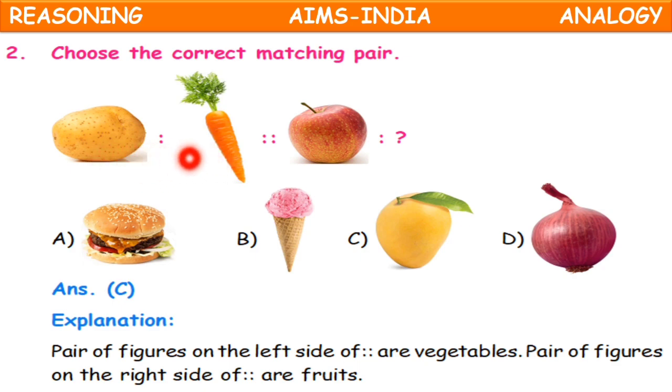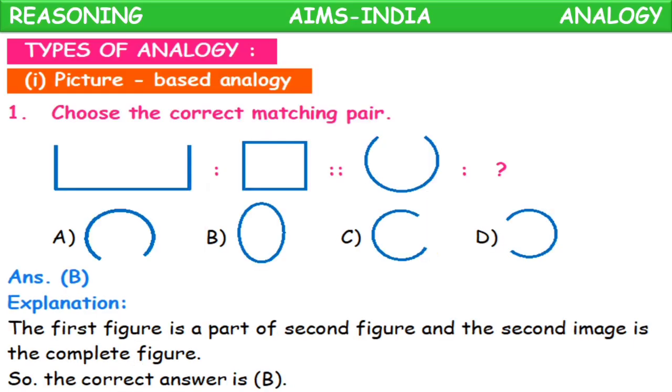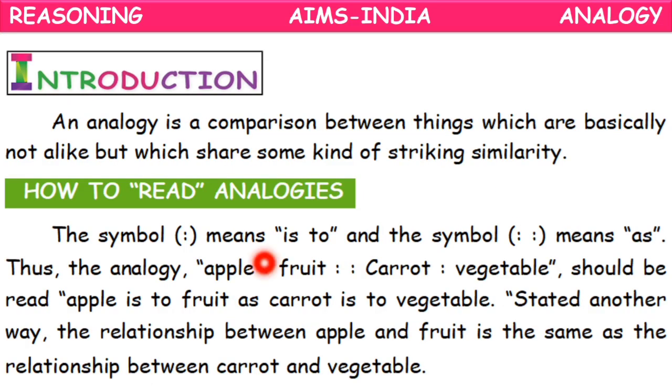Yes, potato and carrot are both vegetables. So here we are drawing an analogy. That means we are drawing a comparison. Though they are not both same, they are similar because of the common feature they share, that is they both being vegetables.